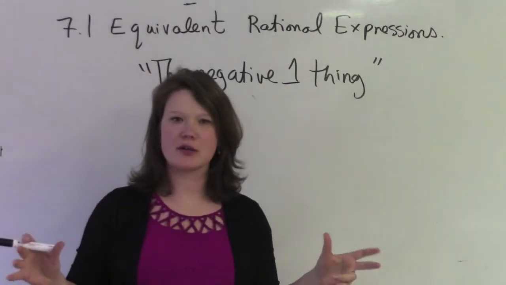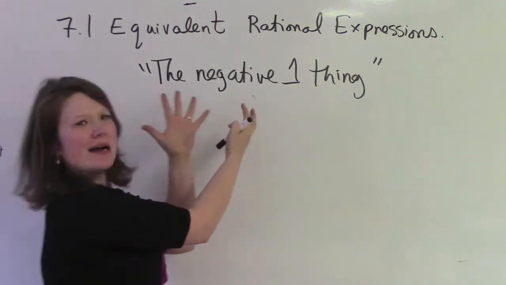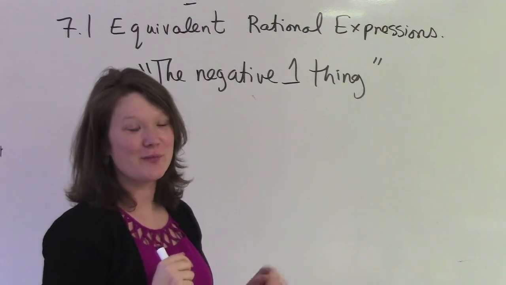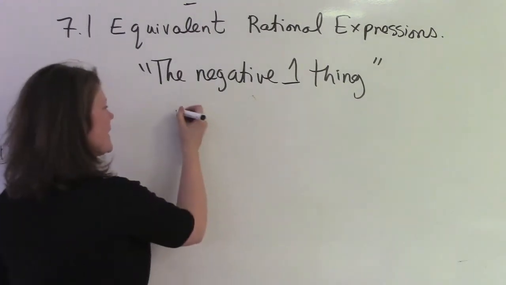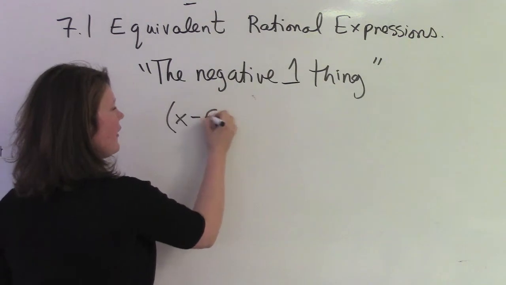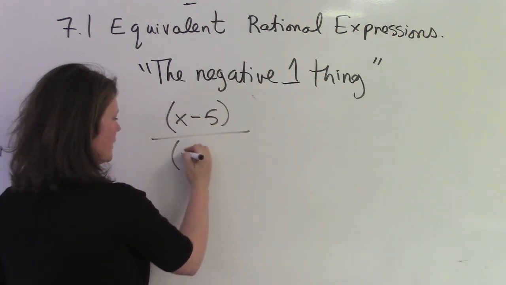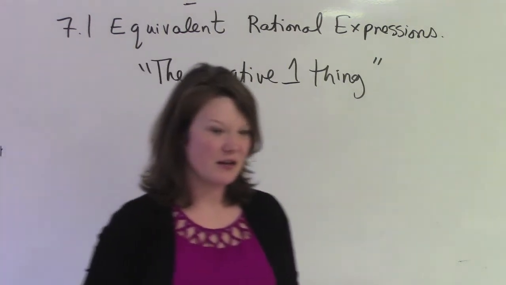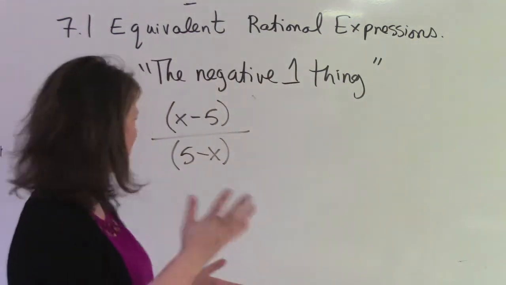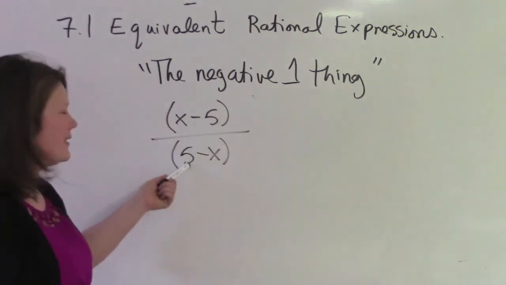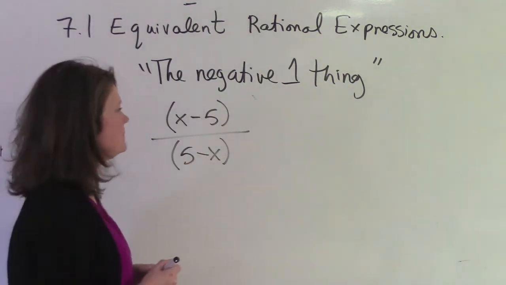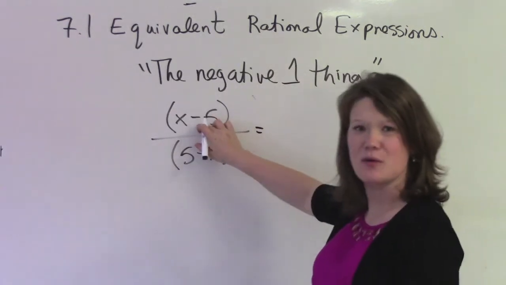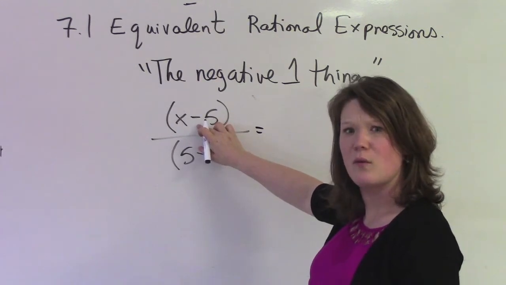There's one more thing that I want to talk about, and that is the negative 1 thing. What is that kind of thing? I'm going to let you know by showing you an example. Say I had something that looked like this. x minus 5 over 5 minus x. They kind of look the same. We can't exactly just straight up cancel them because they aren't exactly the same. What I want to do with the bottom one, just so that it looks exactly like this, is factor a -1 out.